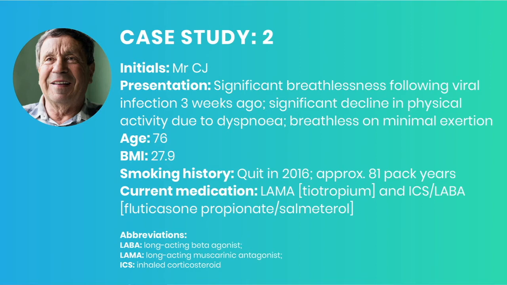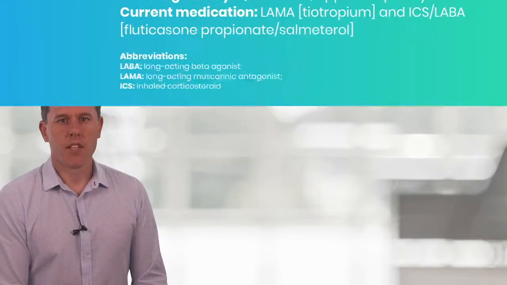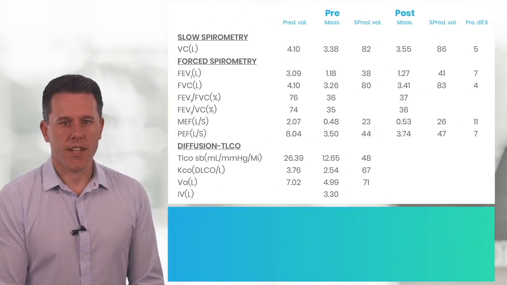Up until that time, on further questioning, they do report that they were getting more short of breath than usual, but they've taken quite a significant reduction in their exercise tolerance, and they're now getting a little bit breathless on minimal exertion. So pulmonary function testing, including spirometry and gas transfer, is very useful in this patient.